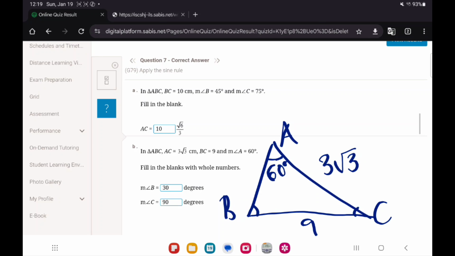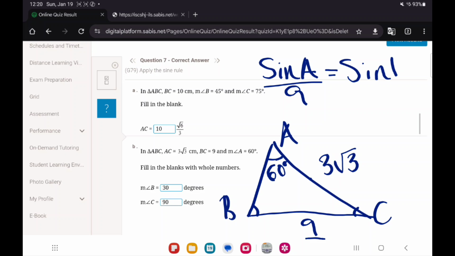Let's start with B, okay? Like I said, sine rule. So sine A over the side opposite of A, which is 9 in this example, equals sine of the thing we want to find. We have a side, we want the missing opposite side, so it's sine B, and we don't know the value of it, over 3 radical 3.